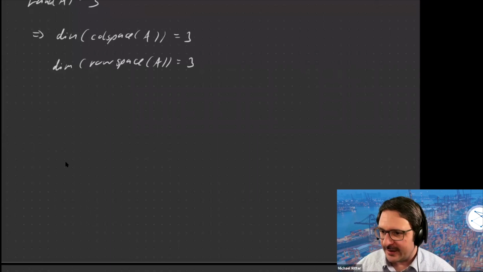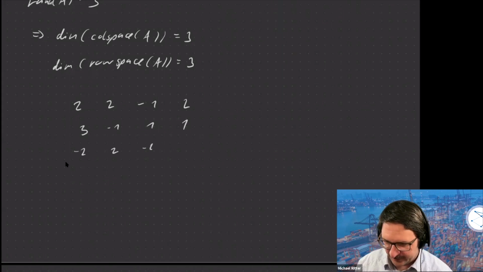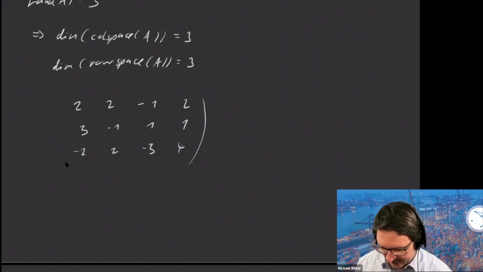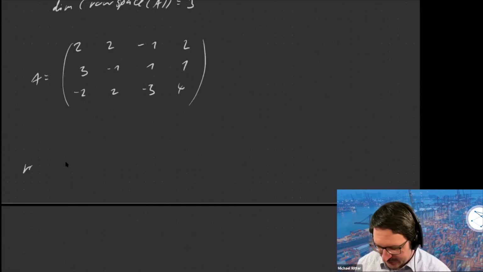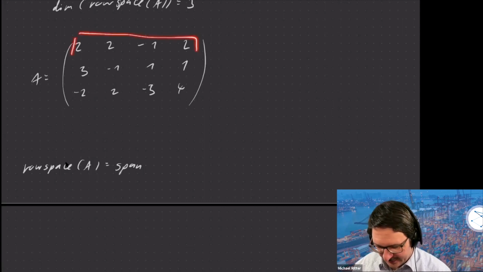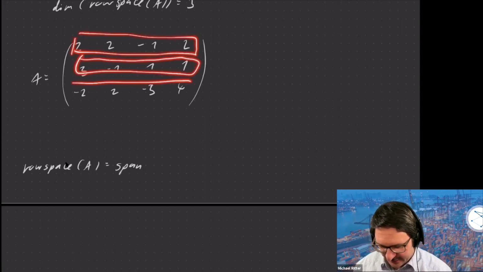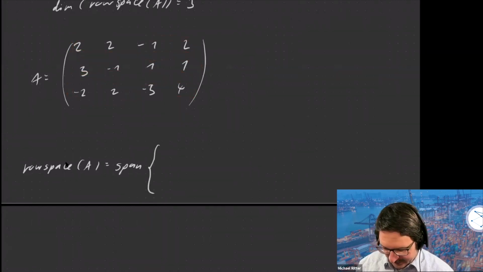So let's just write down A once again so we can actually see what happens here. That's this matrix here, 3, -1, 1, 1, and -2, 2, -3, 4. So by definition, the row space of A is just defined to be the span of the vectors in the rows of A. So these 3 vectors here span the row space of A. So that's the space spanned by 2, 2, -1, 2.